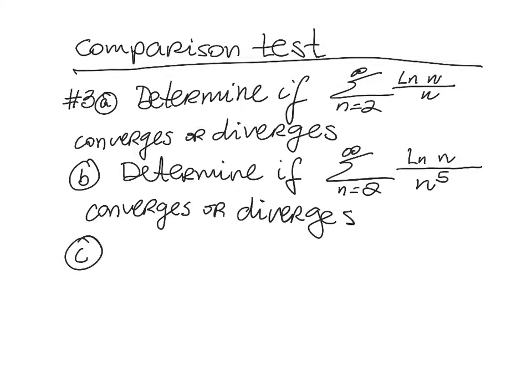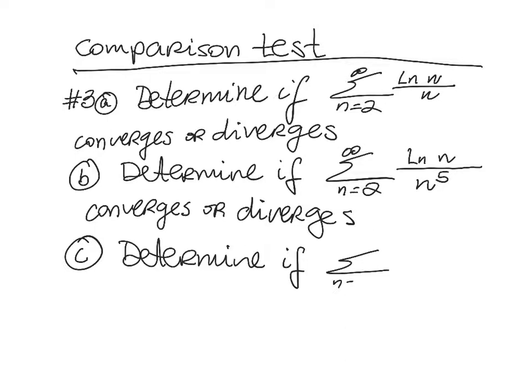And then part C, determine if the series summation from 2 to infinity of one divided by n squared times natural log of n converges or diverges.